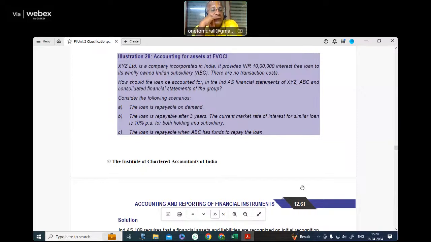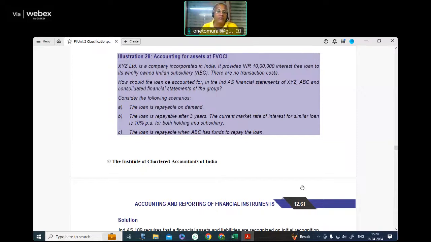So, XYZ Limited is a company incorporated in India. It provides interest-free loan to their wholly owned subsidiary ABC. How should the loan given be accounted in the books of XYZ, ABC, and consolidated financial statement if the loan is repayable on demand?